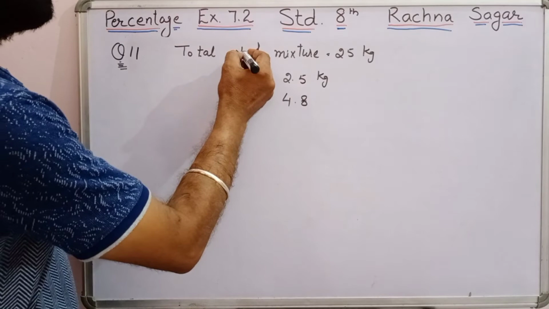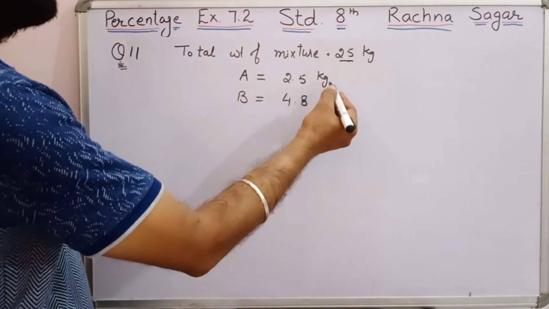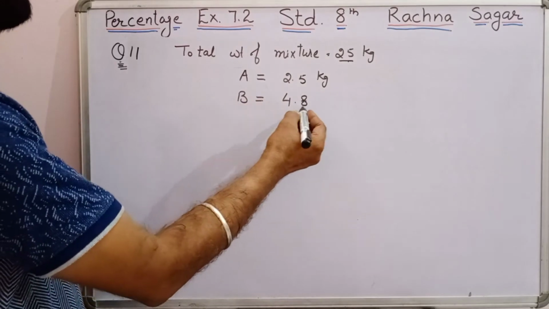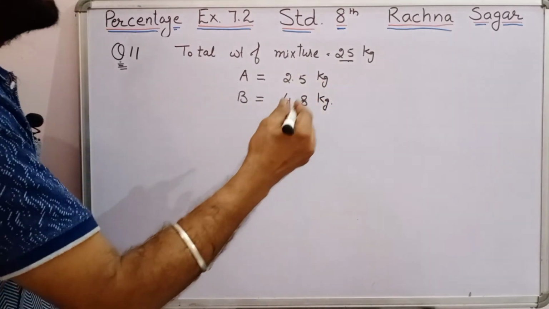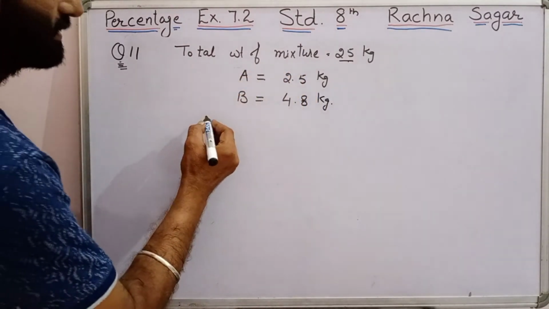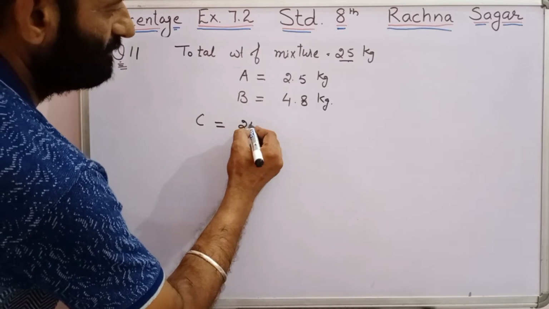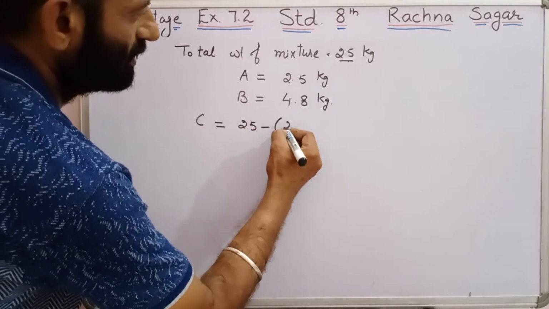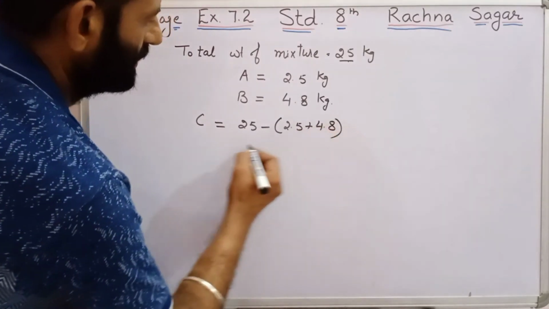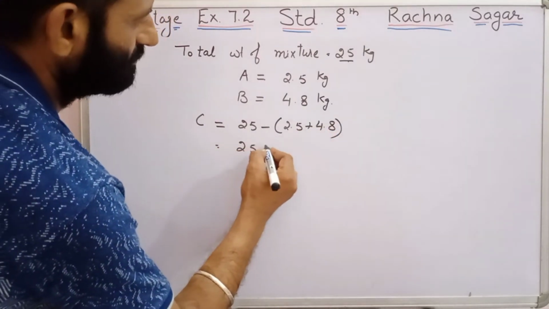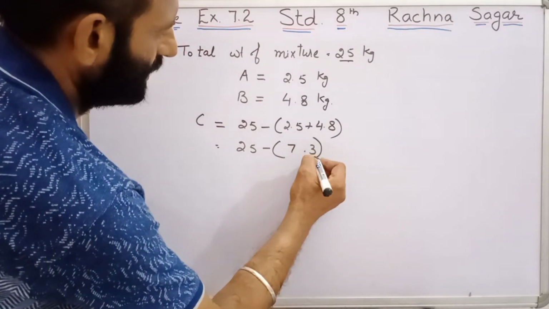Question number 11. A mixture of 25 kg contains A is equal to 2.5 kg, B is equal to 4.8 kg and the remaining is C. What is the percentage of C in the mixture? Therefore, C's weight in the mixture is 25 minus 2.5 plus 4.8. It is equal to 25 minus 7.3.